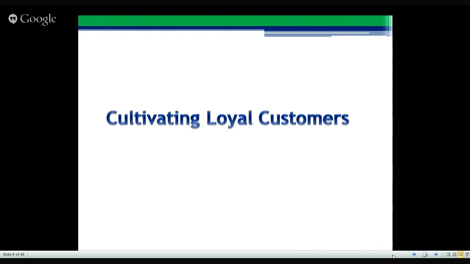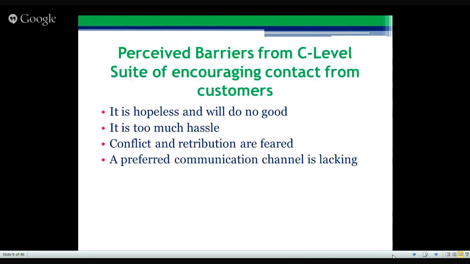So, cultivating loyal customers. Now this is where we come into some difficulty, because how do you do this? How do you really create loyal customers? Gaining loyal customers is important, but one problem that arises is perceived barriers from C-level suite employees.